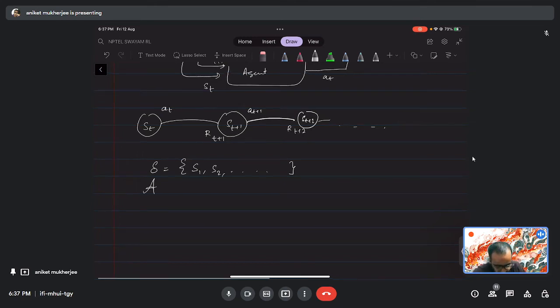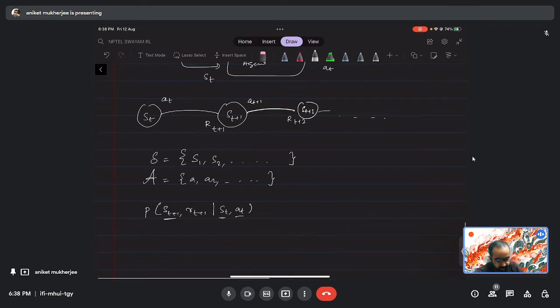So you have an action space A1, A2, and so on. And now the probability transition matrix. I'll write it, I might go off Sir's notations: p(s_{t+1}, r_{t+1} | s_t, a_t). So previous state, I take an action, I go to a new state.